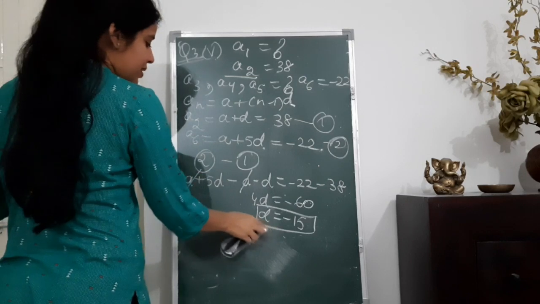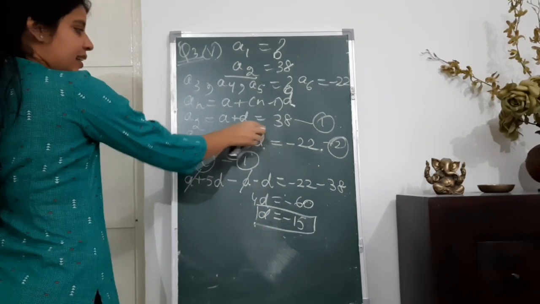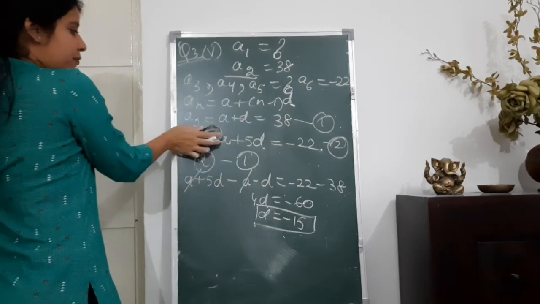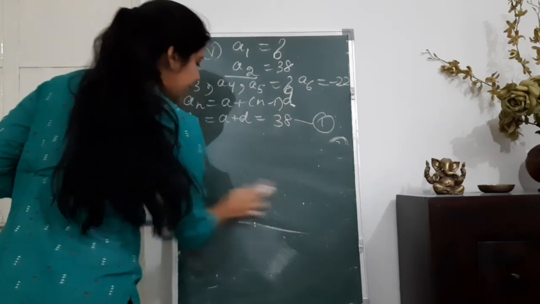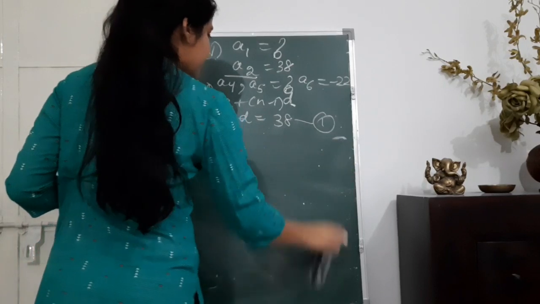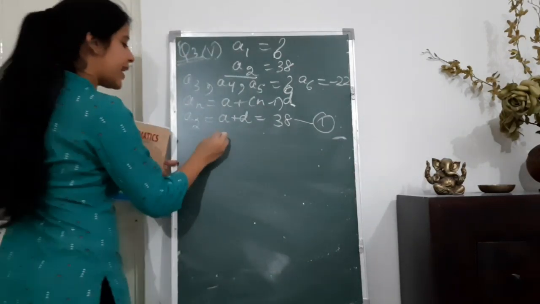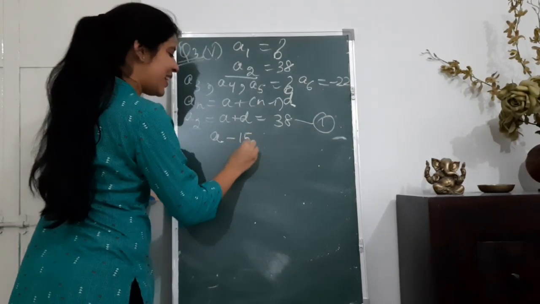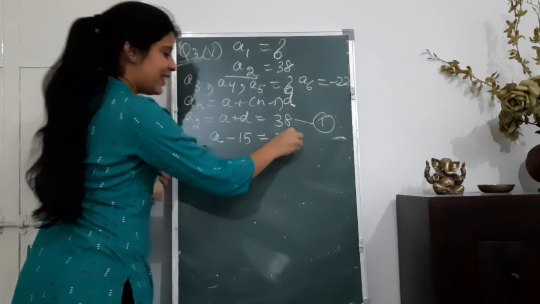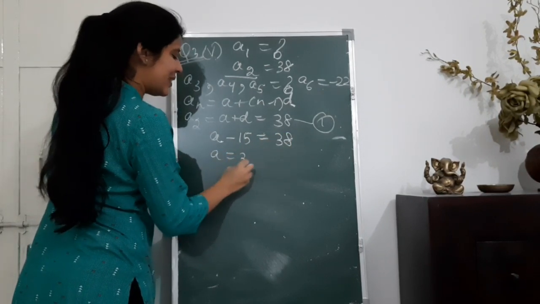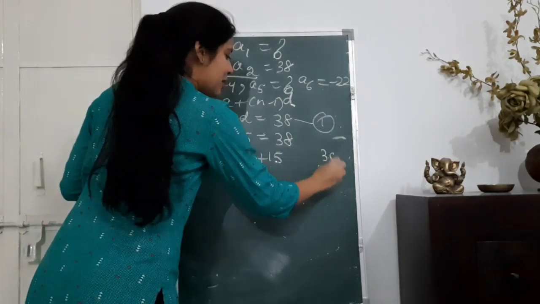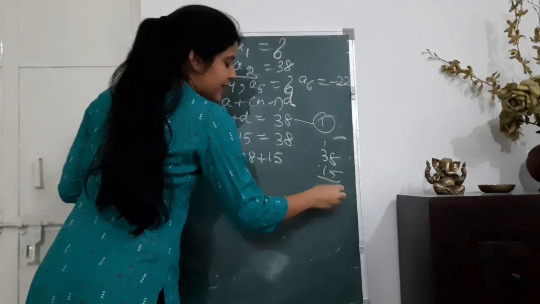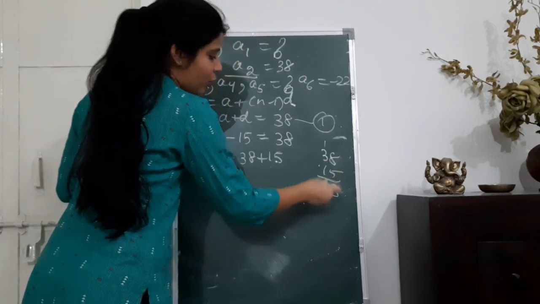Now let's put this value of D in the first equation. Then I get A minus 15 is equal to 38. So A is equal to 38 plus 15, and 38 plus 15 is what? 8 and 5 is 13, 3, 4, 5.